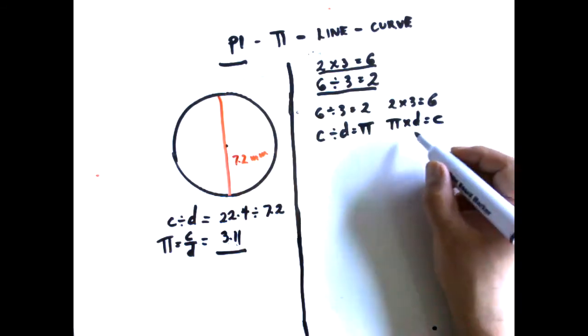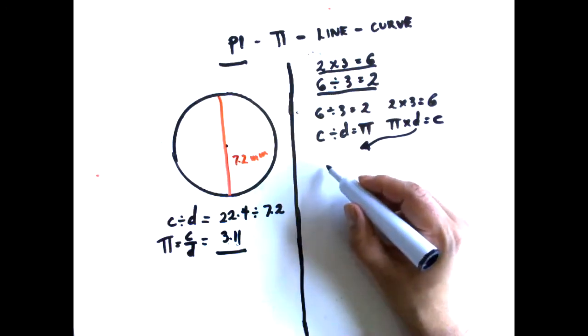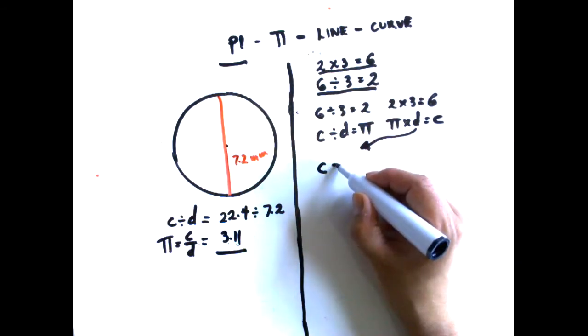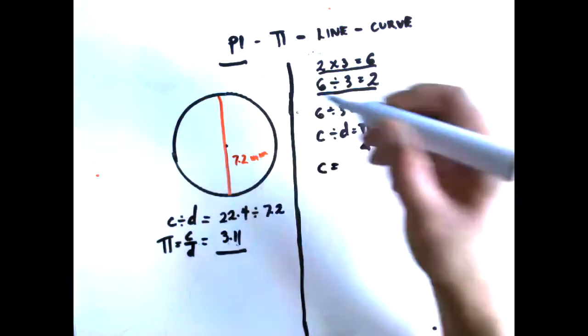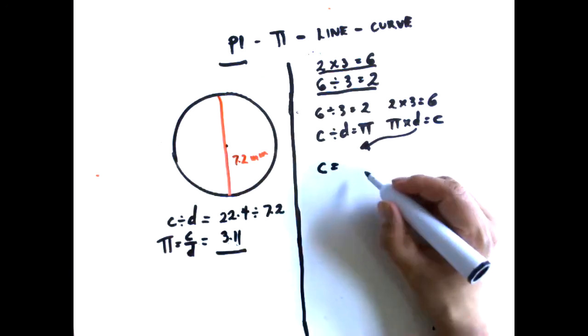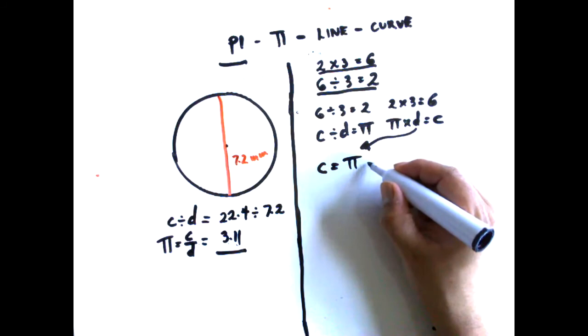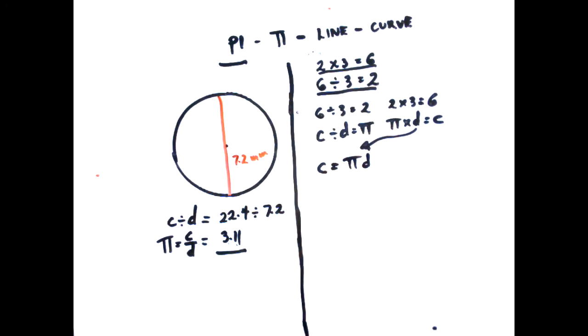So we have now what we call the formula of C. To get C, which is really the whole circumference, the length of the circle, we just multiply pi times the diameter.